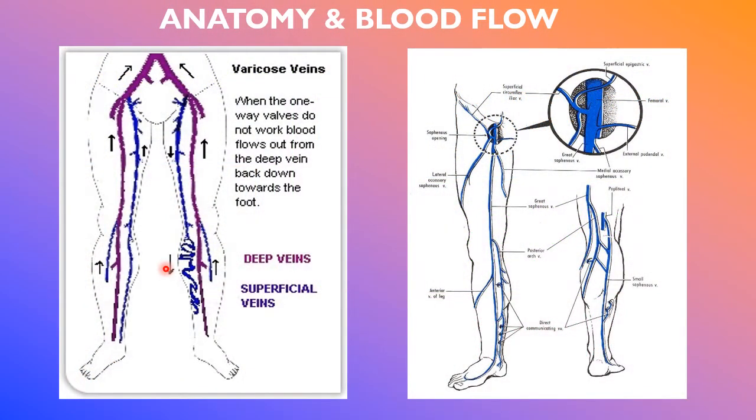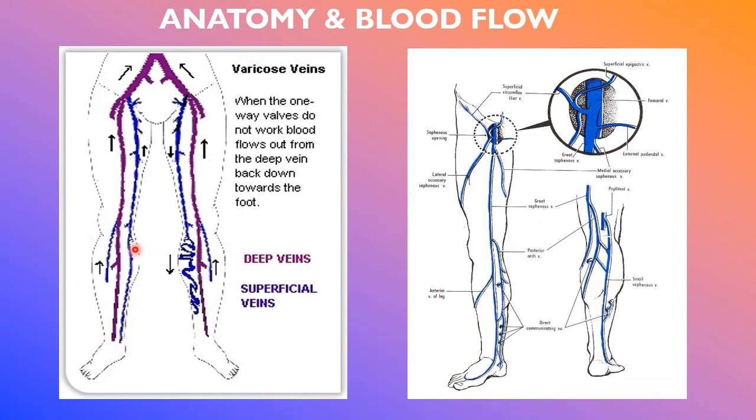To understand the mechanism of varicose veins, it is very important to appreciate the venous anatomy of the lower limb. There are two main systems, the deep system, the dark blue, dark brown here, and a superficial system, shaded in blue.